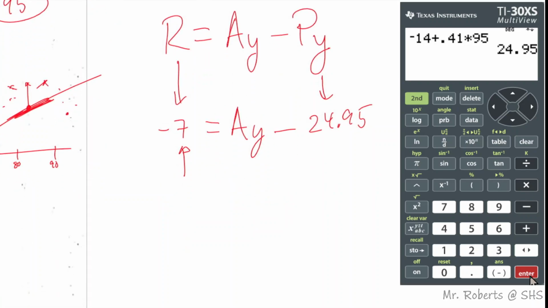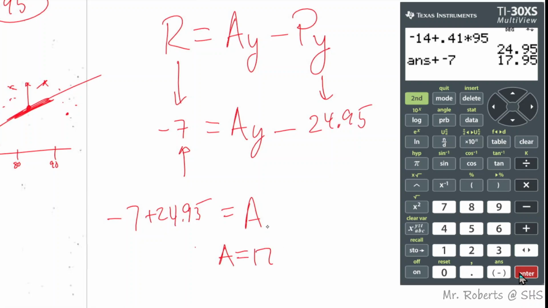All I have to do to solve for the actual attendance, the actual y value, is take this -7 and add 24.95. So 24.95 plus the -7, and I get 17.95.